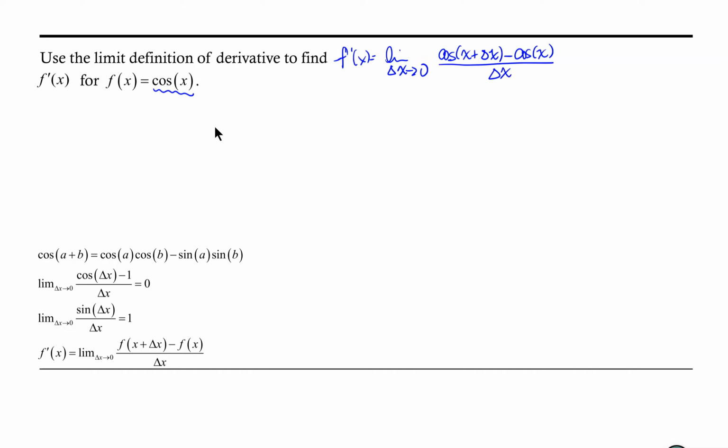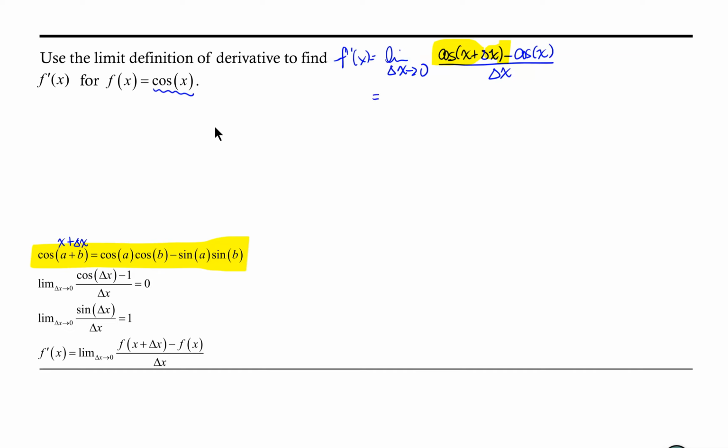Now, we want to go ahead and expand this cosine of x plus delta x. So we will be using this trig identity. And keep in mind that x plus delta x is the argument of our cosine function. So a will be x and b will be delta x.